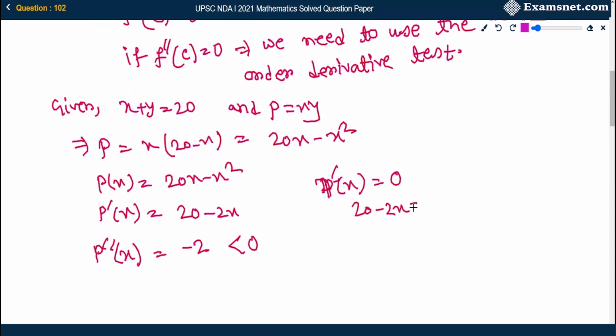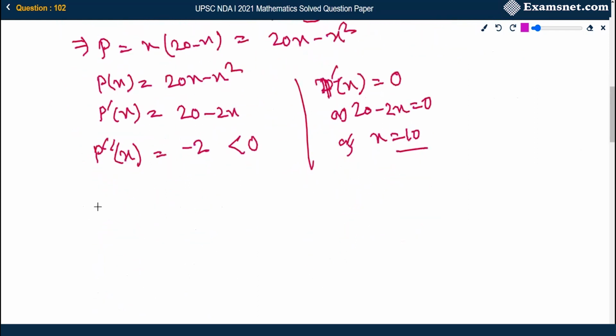20 minus 2x equals 0, so we get x equals 10. So we can say x equals 10 is the point of maximum.